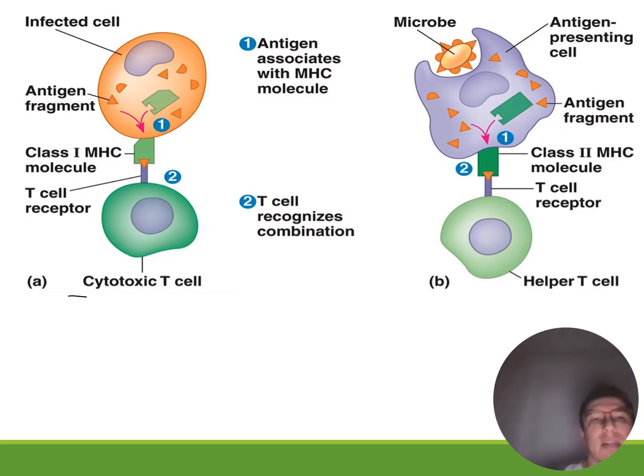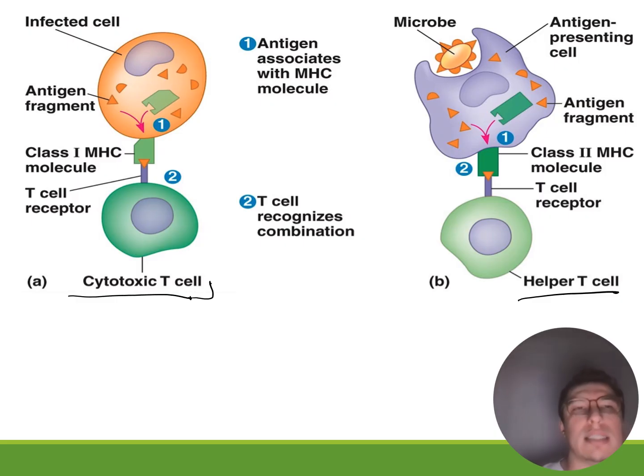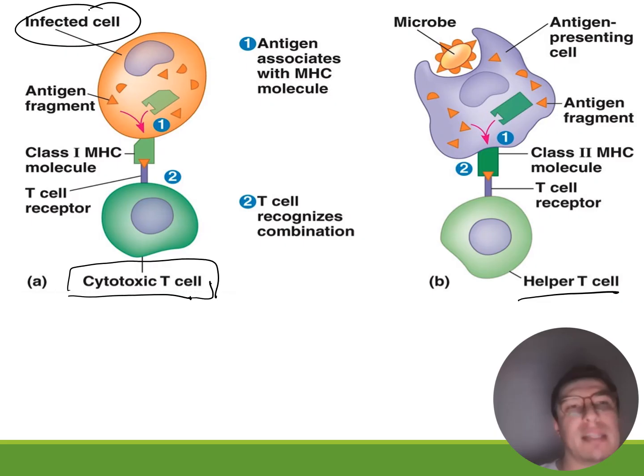We have a cytotoxic T cell and a helper T cell. The cytotoxic T cell is probing MHC1 receptors, or checking the MHC1 receptors in self tissues. In this case, this type of cell that it found is infected with some type of antigen. So that antigen that is being shown right here is activated.